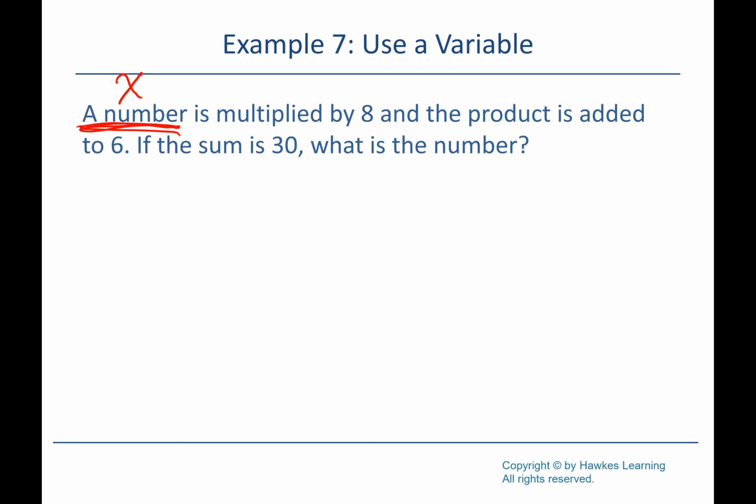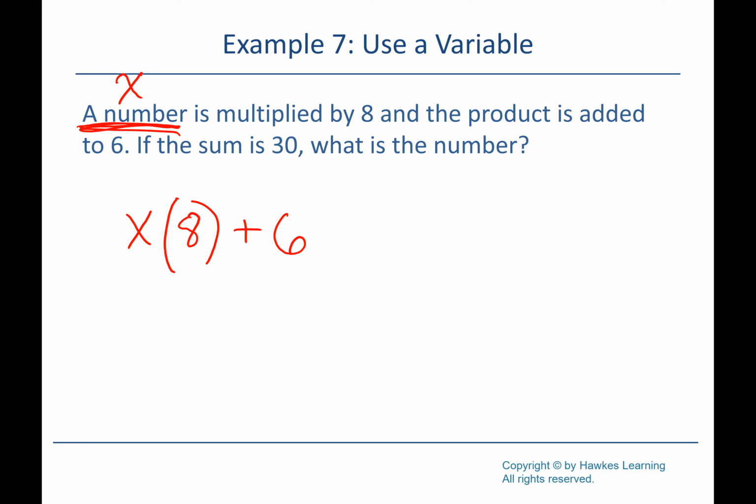It says a number is multiplied by 8. So times 8. If you want to, you can go ahead and write that 8x if you're comfortable with that. But I'm just going in the order they say it here. And that product is added to 6.